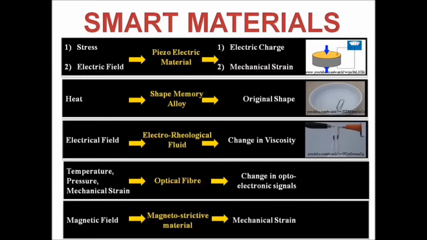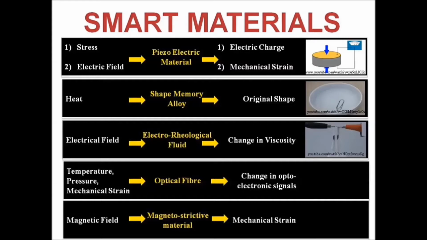In these materials, when we apply stresses, they produce electrical charges, and when electrical field is applied on them, they'll produce mechanical strain. So when electrical field is applied on them, they'll get either deformed or they'll get either contracted or maybe expanded.